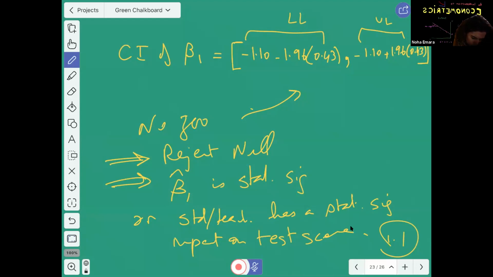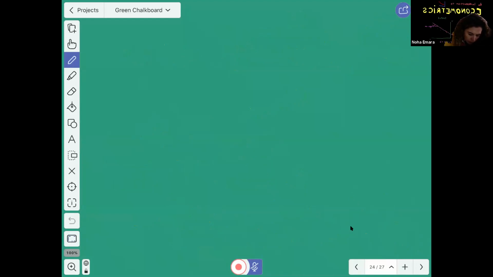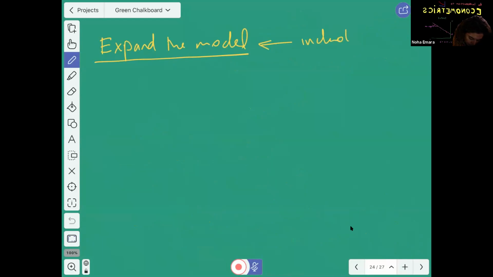Suppose that we expand the model by including the expenditure per student.